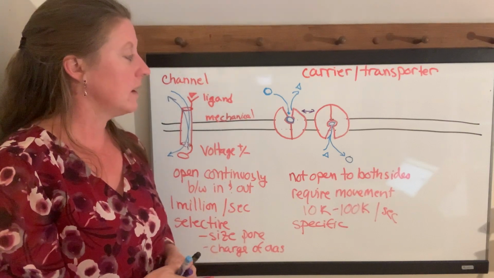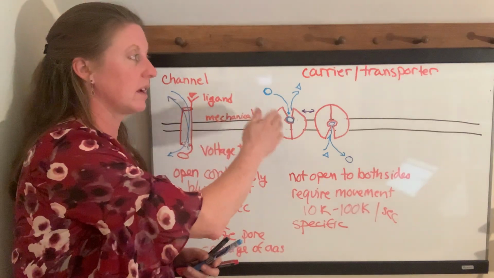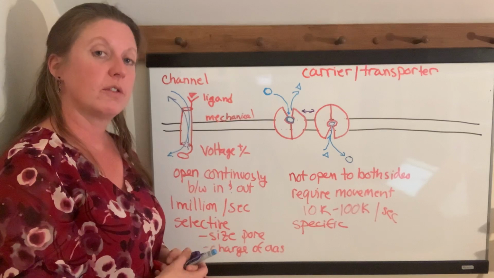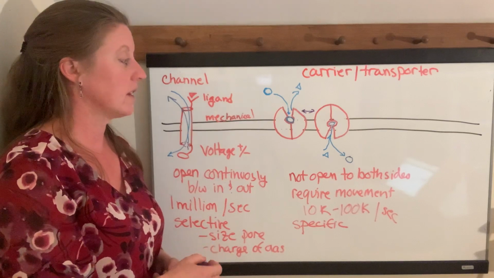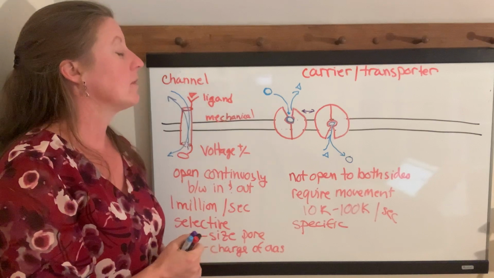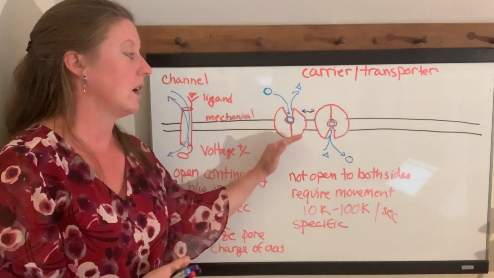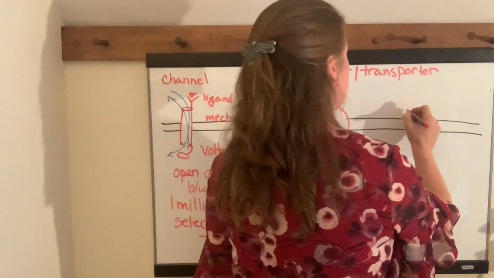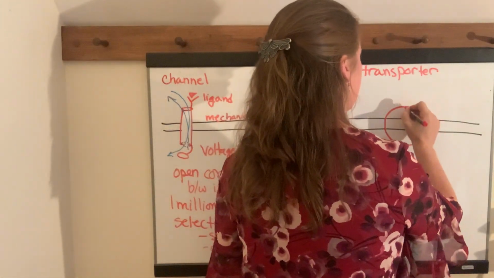Okay, so we've got channels and we've got carriers and transporters. We're going to talk about the law of diffusion and osmosis and volume changes in the cell in my next video. But for now, I just want to introduce one other special type of carrier that's going to become important later.